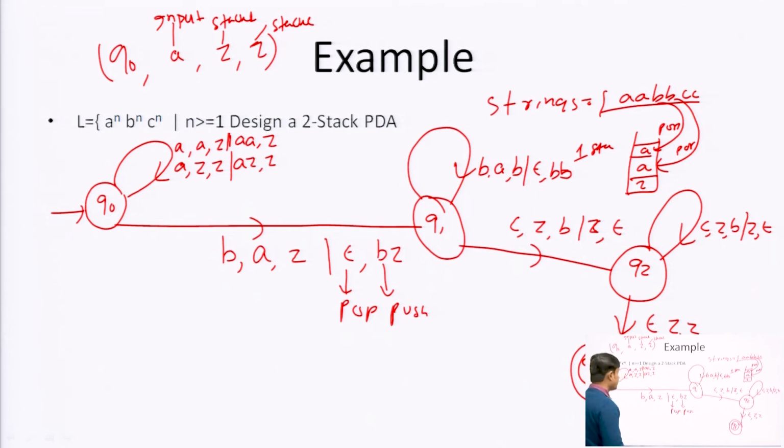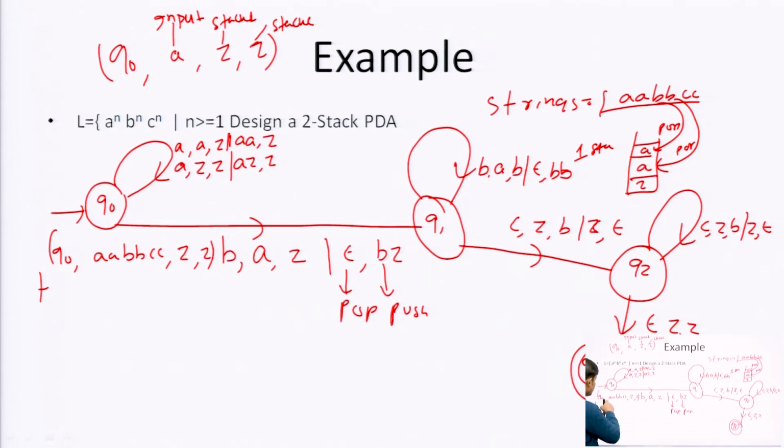Let us take a small example to see how this is accepted. Suppose we start at Q0 with input A, B, C, and Z and Z, where the first is stack 1 and the second is stack 2.